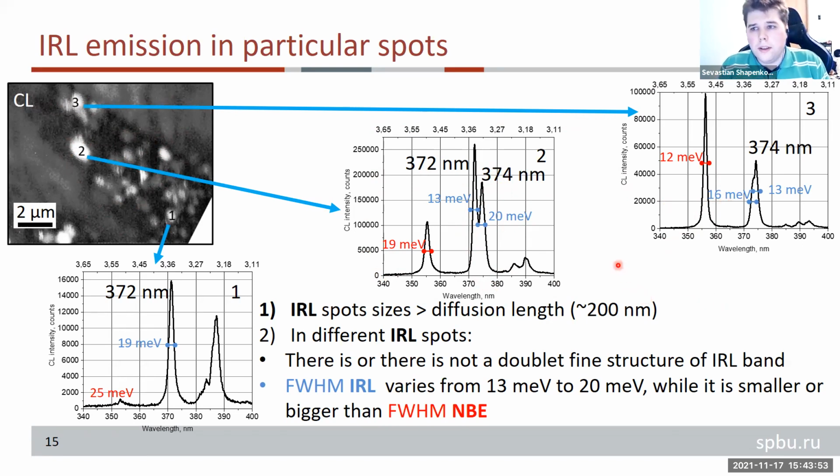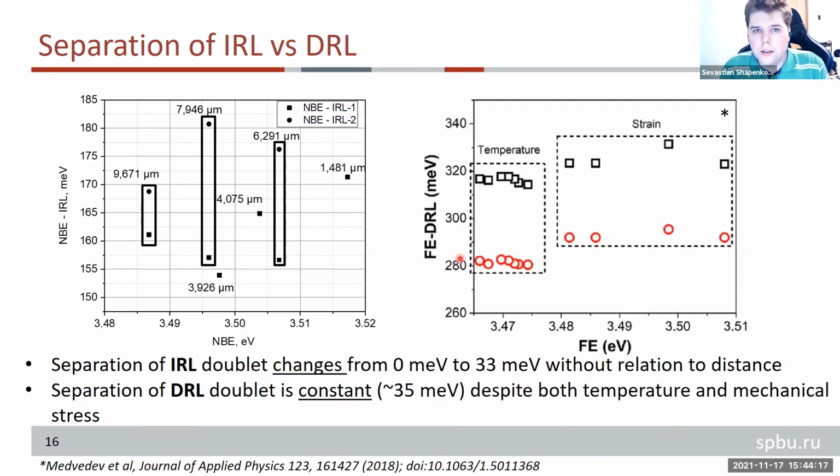Also here we can see that the full width at half maximum of these peaks is different, smaller or bigger compared to the full width at half maximum of near band edge emission. We can also compare the separation for intersection-related luminescence with the separation for dislocation-related luminescence. For dislocation-related luminescence, this separation is constant despite distance from the indentation or scratch, or even temperature.